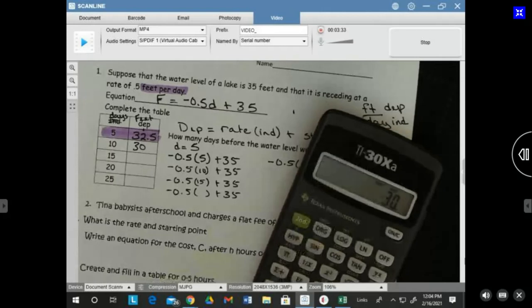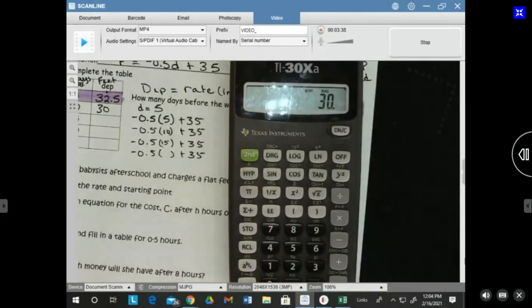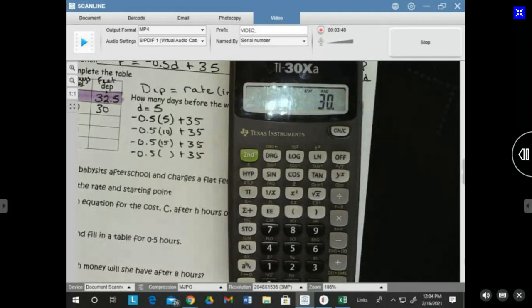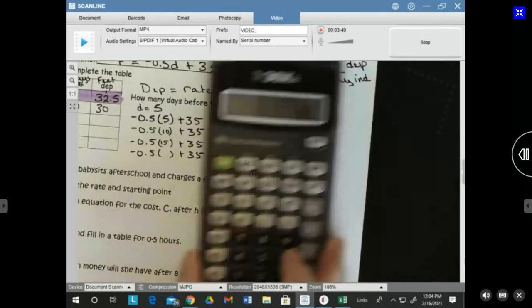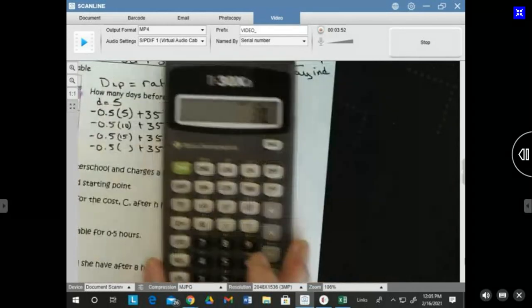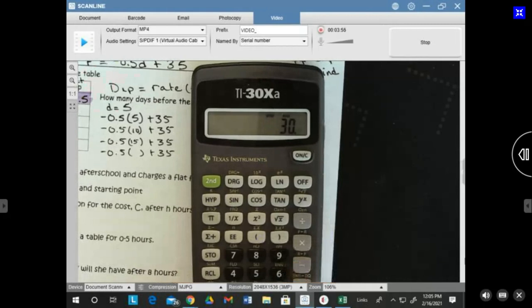Okay. I'll try to move this out of that glare. So 0.5 negative times 15 plus 35.